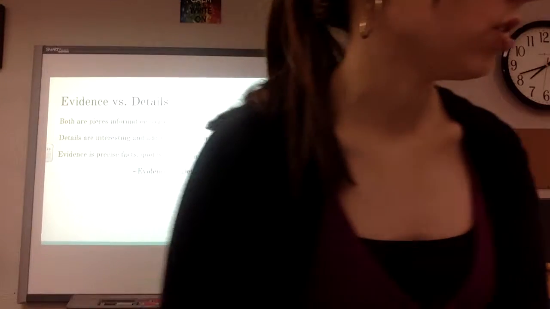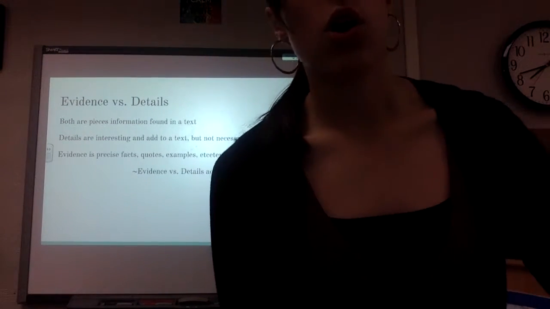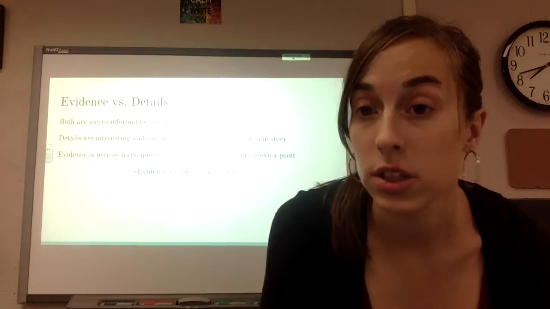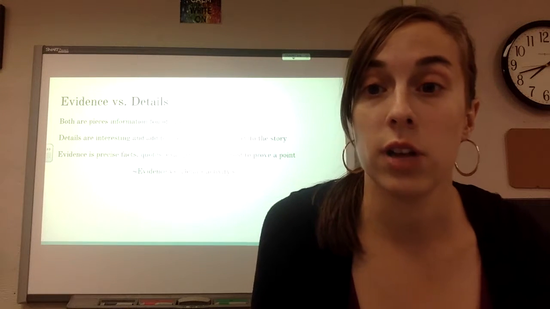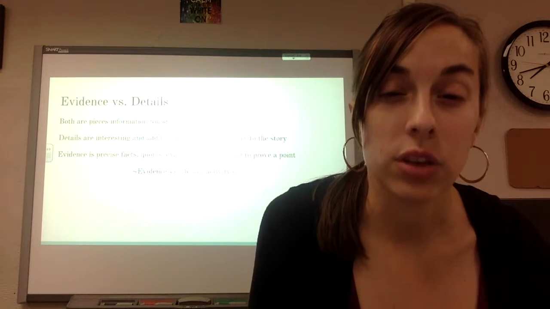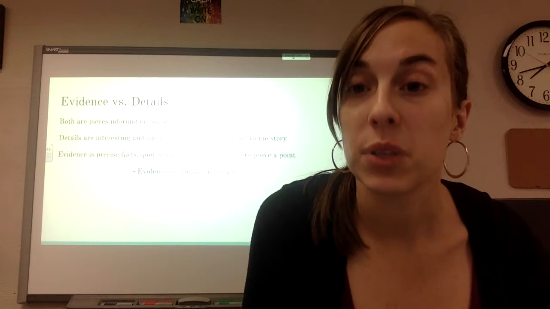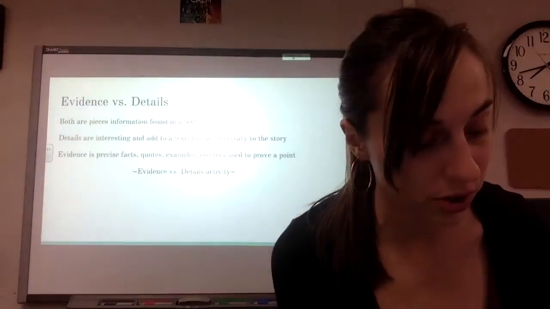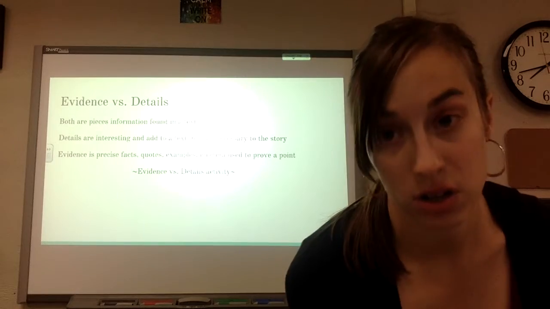Maybe you'll have some that you're not quite sure on, and that's okay. And you don't all have to agree either. You're all able to make your own decisions. So if you think number 1 is evidence, put it in your evidence column. If you think number 7 is just a detail, put that in your detail column. Or if you have some that you cannot decide on personally or as a group, feel free to put that in your question mark column.